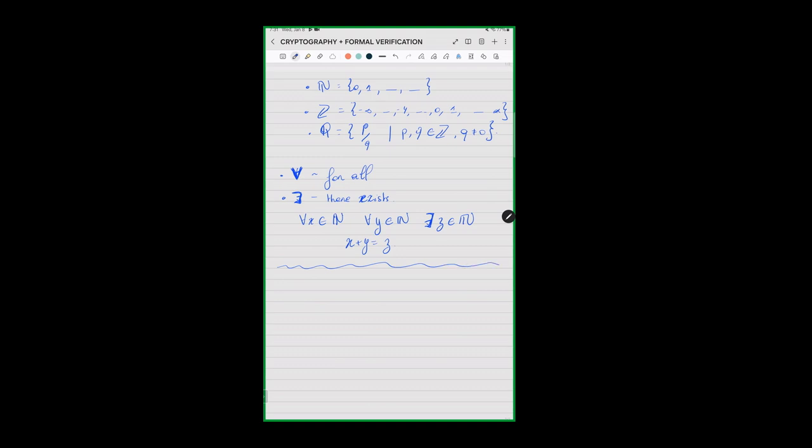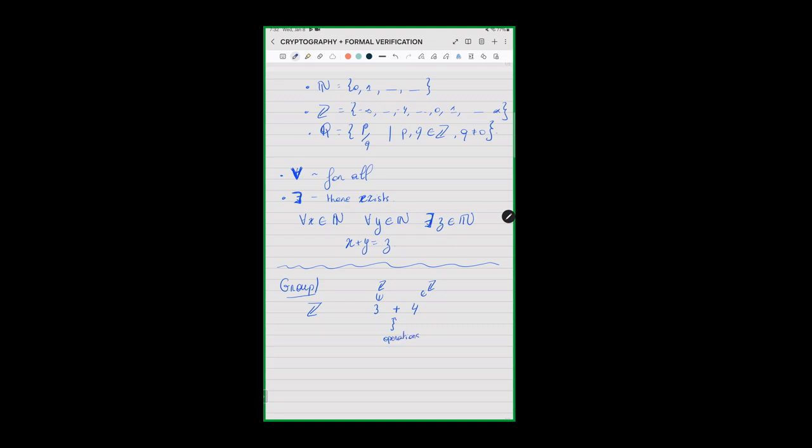Let's start with groups. What is a group? Let's first have a look at some examples. When we take all the integers, if you take 3 and you take 4, both of these values are in Z, and you can do a certain operation on them.